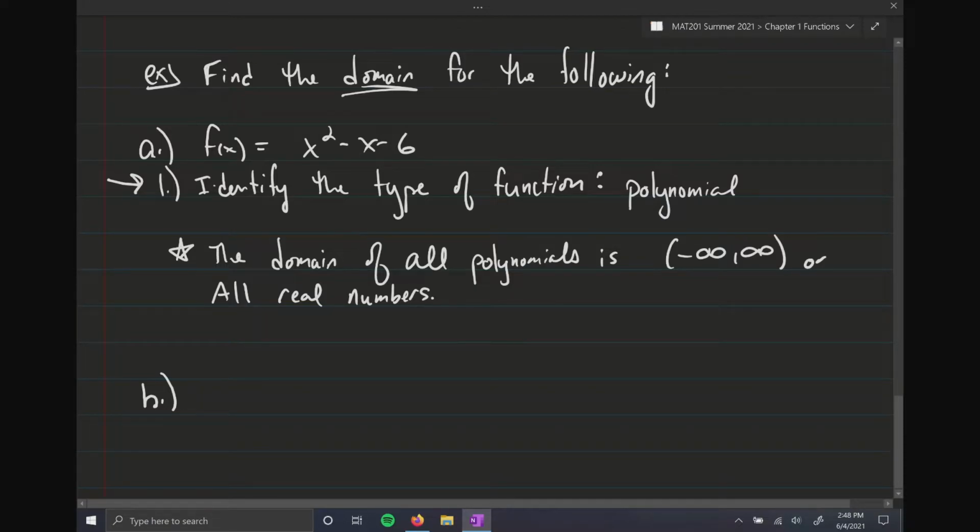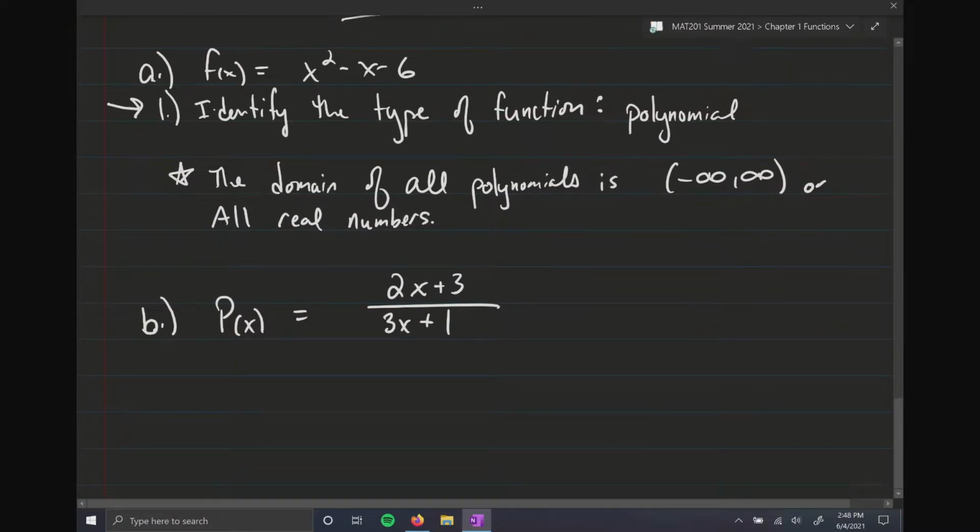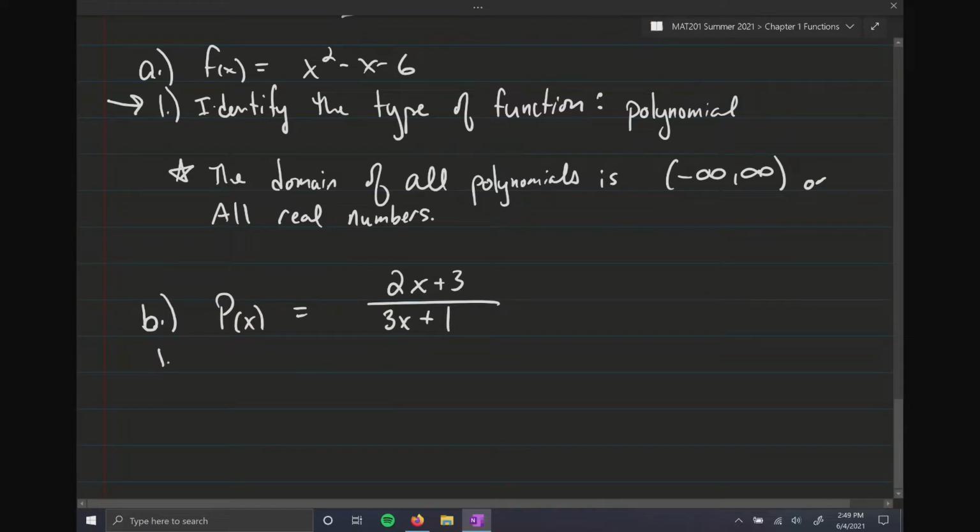But the second example here, p of x equals 2x plus 3 all over 3x plus 1. All right, so for me, step 1, identify the function.